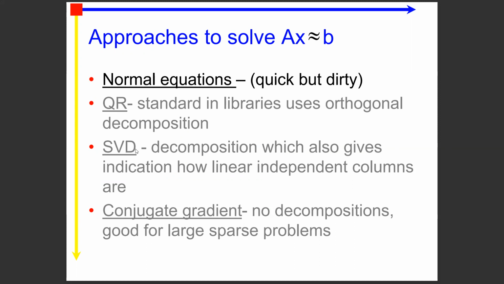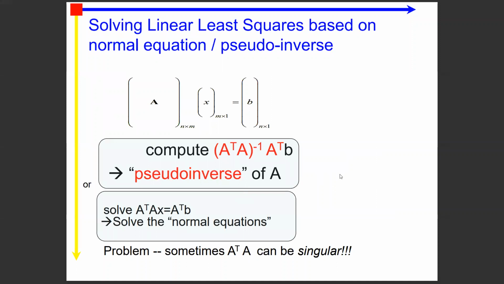You can do a singular value decomposition. You can do some sort of conjugate gradient solution, etc. There are many ways to solve it, which we will study in the coming weeks. But one of the ways which I will show here is very neat and very useful and also very popular in statistics. Statistics uses this a lot.